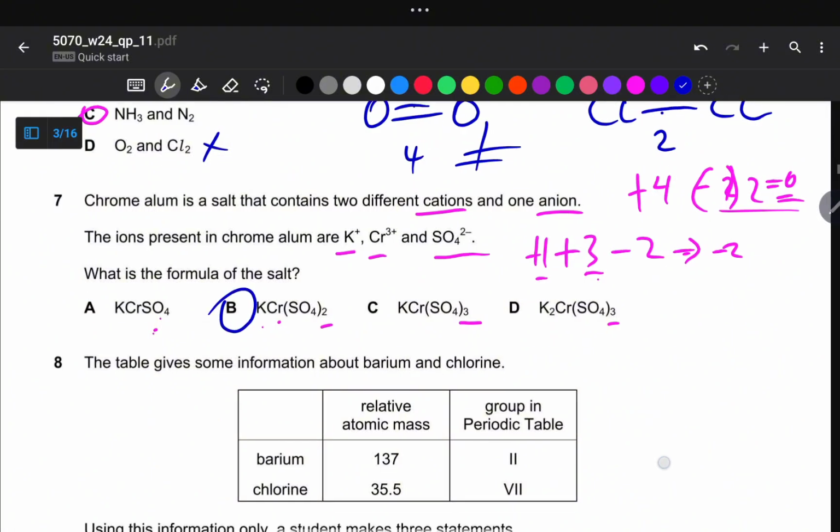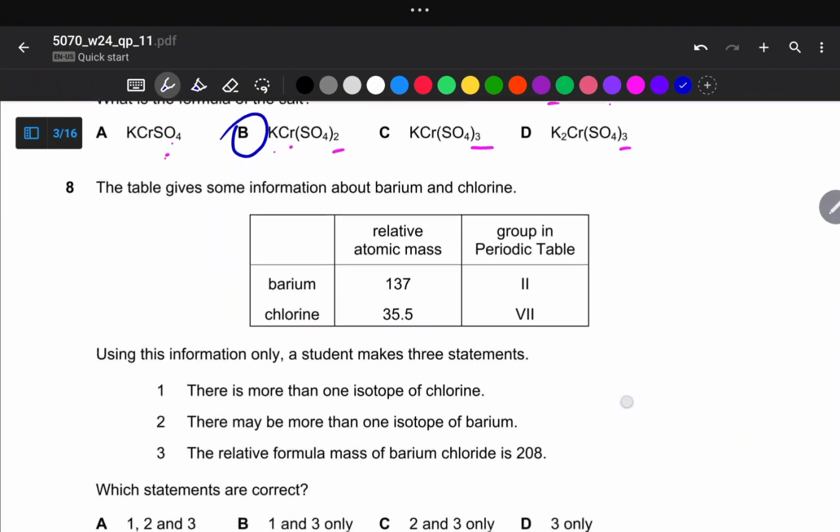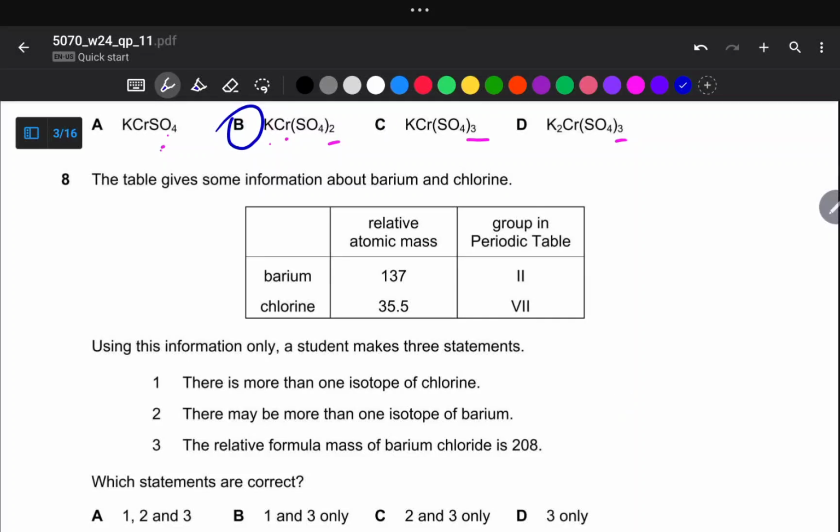So we now move on to number 8. Question number 8 says the table gives some information about barium and chlorine. So for barium, you've got the relative atomic mass. Relative atomic mass is defined as the mass of an atom measured relative to 1/12 mass of a carbon-12 atom.